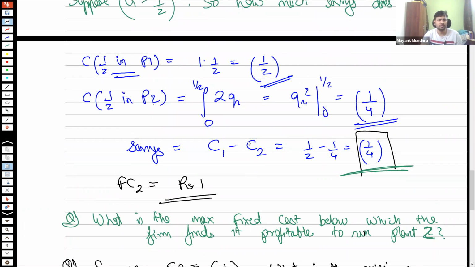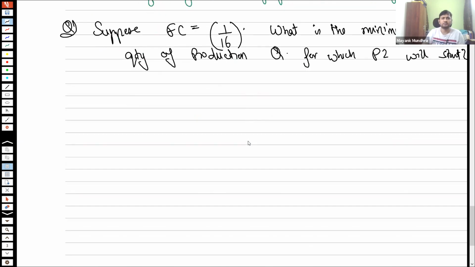Maybe I should give you these figures. Cost in plant 1 is Q1. Cost in plant 2 is 1 by 16 plus Q2 square for Q2 kilocalories.